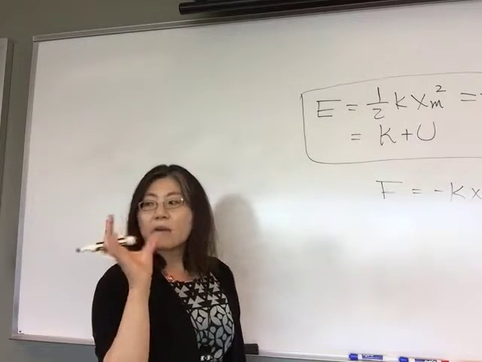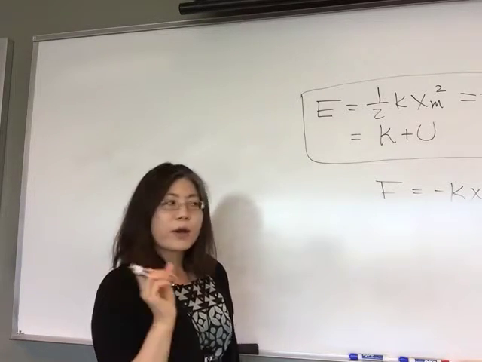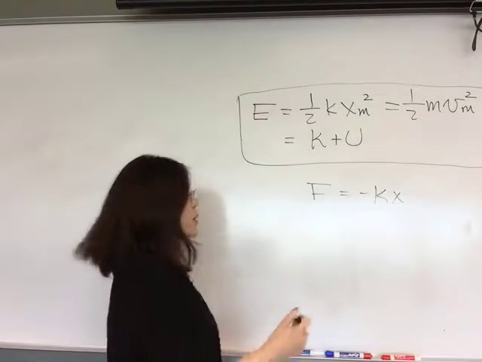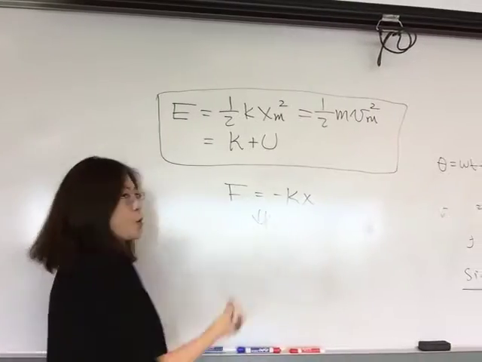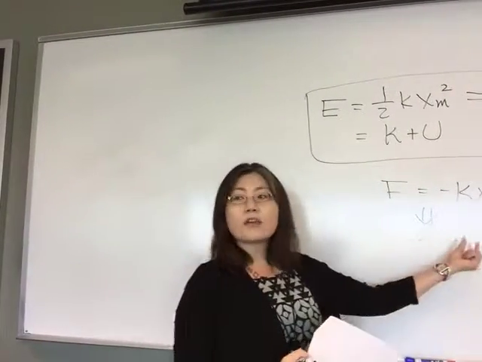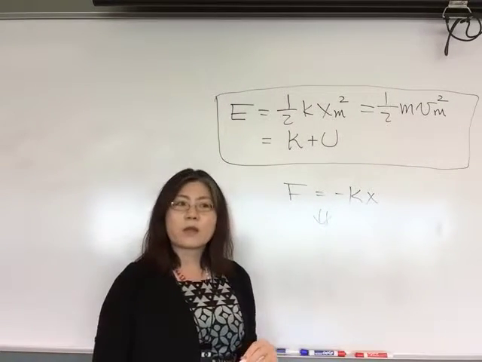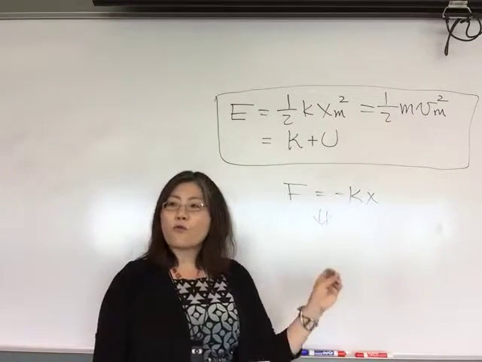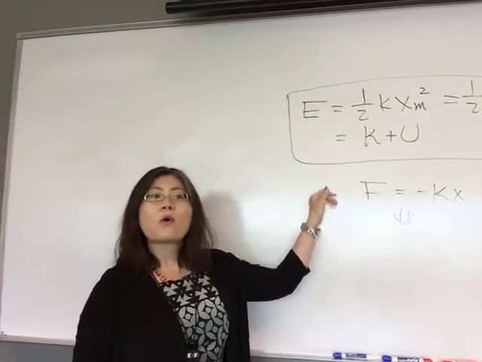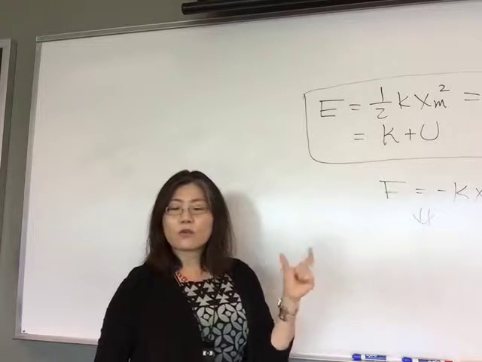When something rotates about a point and executes simple harmonic motion, there is a torque acting on the object and an angular displacement as well. So what expression would you expect? What is the angular form of Hooke's law? This is Hooke's law in linear form. What would be the expression for Hooke's law in rotational form?